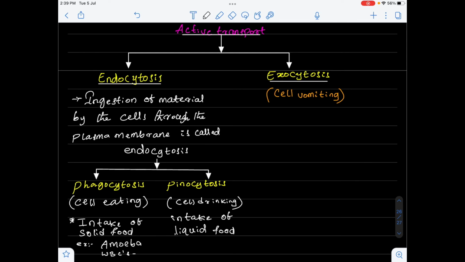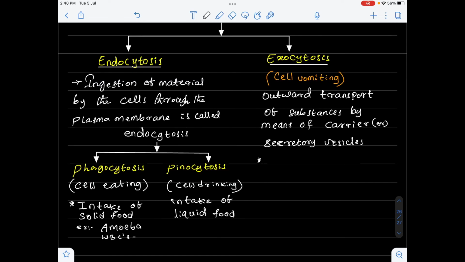Then it is called as exocytosis or cell vomiting. It is quite common in secretory and excretory cells.